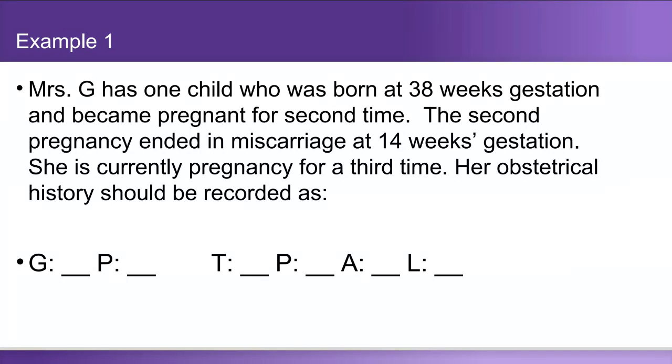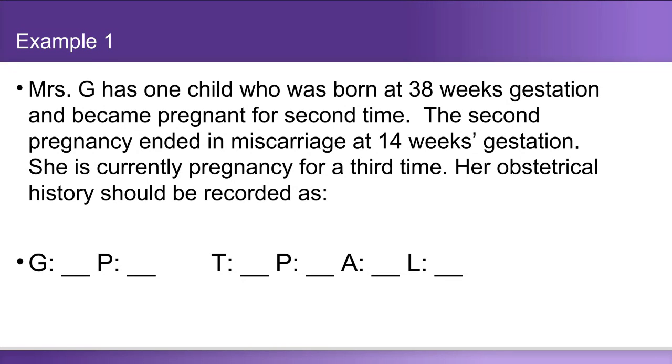So how would we record this? Well, we know she's had 1 child who was born at 38 weeks gestation. So we know she's a gravida 3, para 1, because that's a pregnancy that went past 20 weeks. Okay, we also have term 1 because that baby was born after 37 weeks gestation. We have preterm 0. We've had no preterm babies.